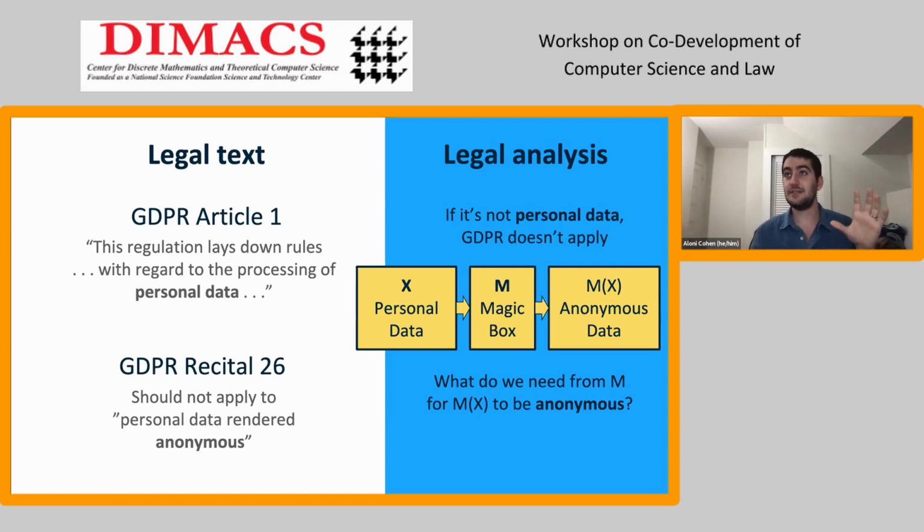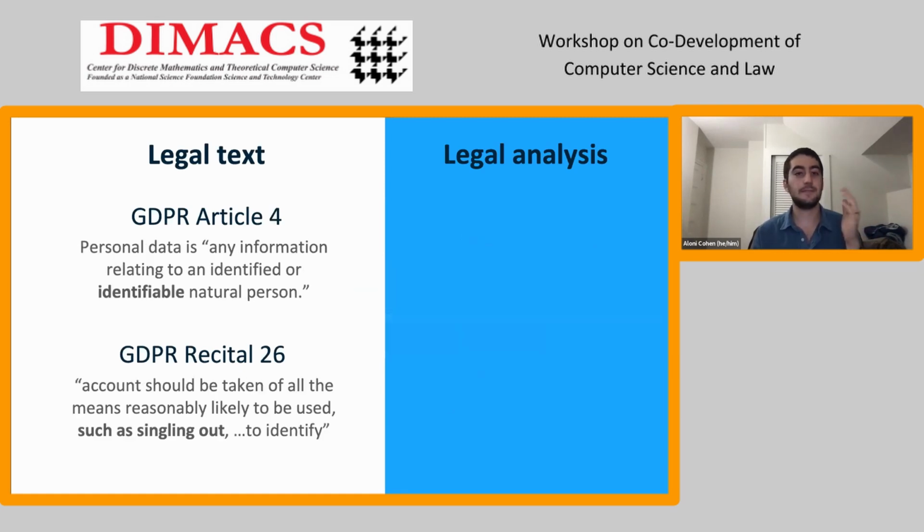Take your personal data, what I'll call X, feed it through some magic box, which I'll call M, and out comes something, M of X, which is this anonymous data. This is the personal data rendered anonymous. And so the question raised by recital 26 and this picture is, what do we need from the magic box M in order to say that M of X, its result, is anonymous? That's the legal question.